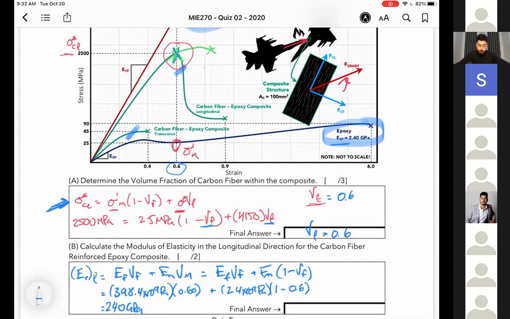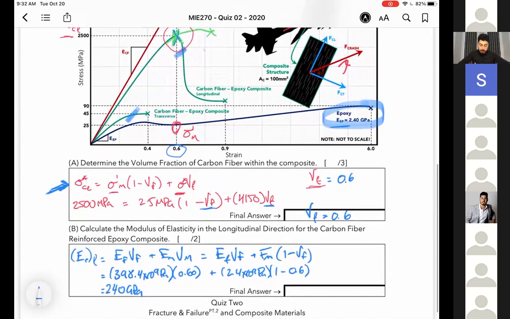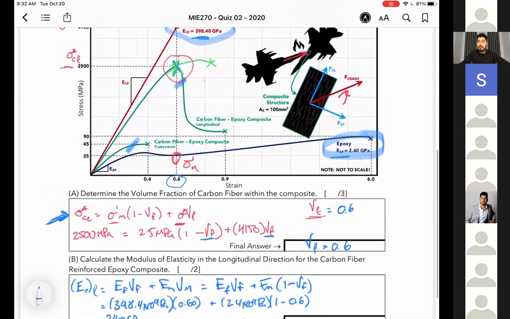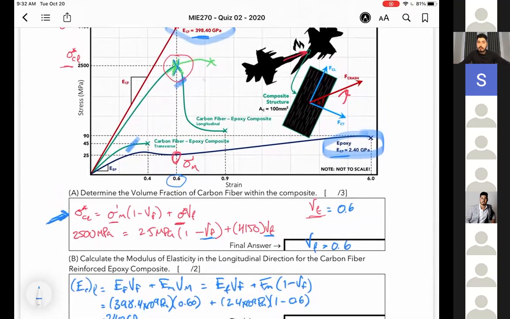Well, you can determine volume fraction in other ways too. You can use this rule of mixture equation. Say you were given the longitudinal modulus of the composite, you can find VF. So VF is something you can solve for in many different ways. In this case, this was the only way we could solve for it. But this equation is originally used to calculate stress star CL.